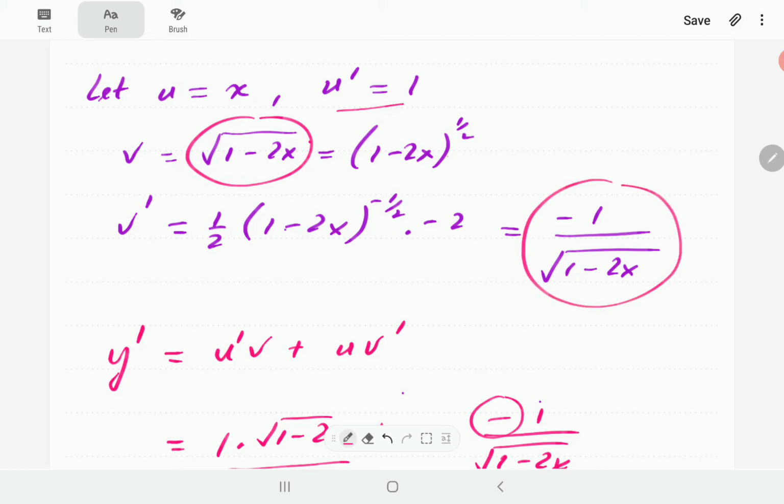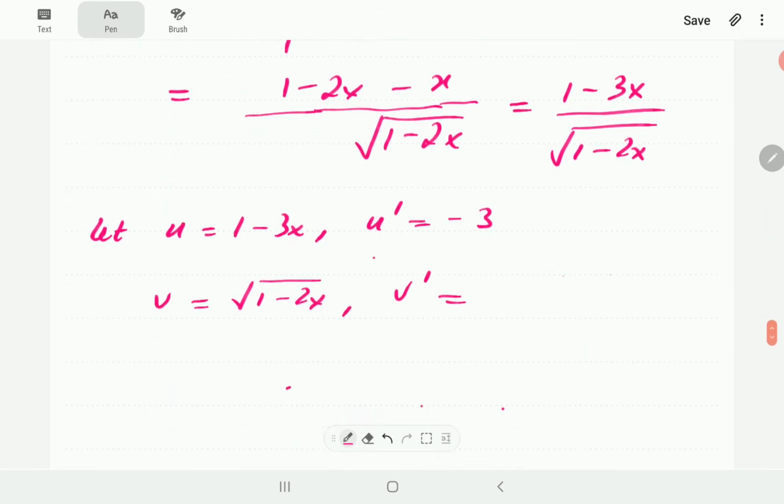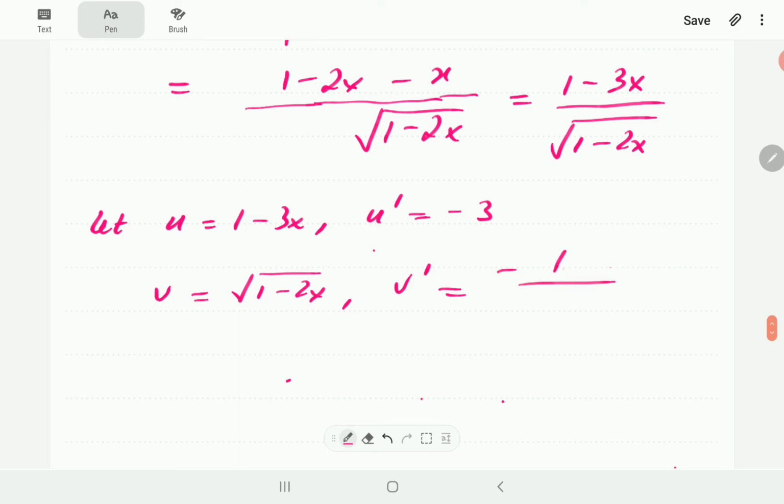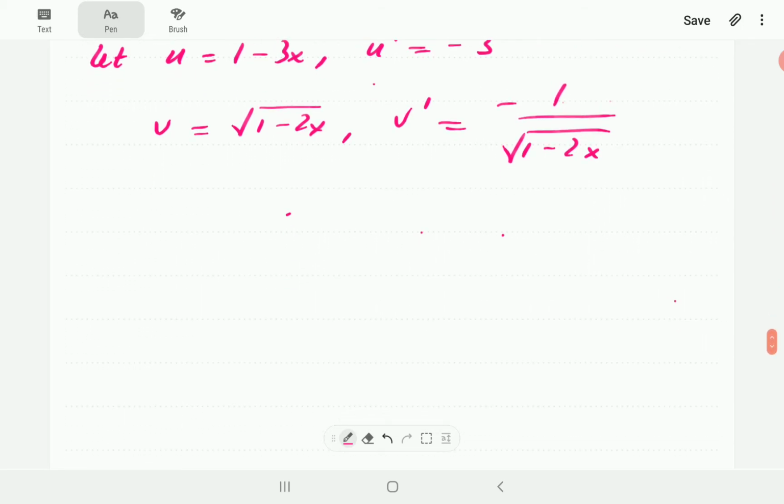It's sitting right there, so that is going to be that. So we don't have to recalculate it. Okay, and then we can simply plug these into the formula for the quotient rule.